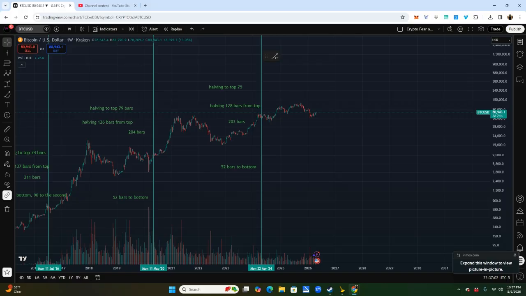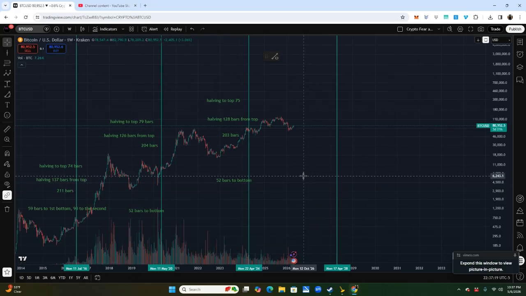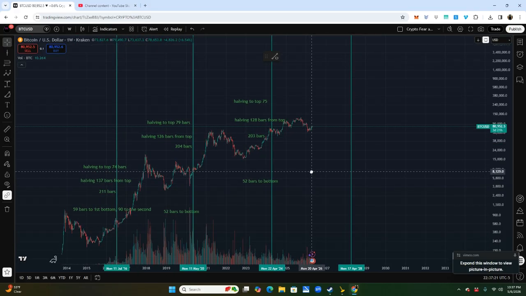The fifth halving is expected April 2028. Roughly somewhere around there. So if we were to top the next cycle, we'd probably top between, let's say, 70 to 80 bars.